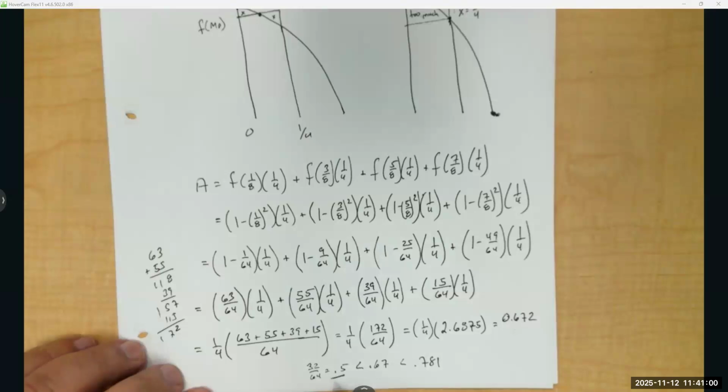So this is our lower sum, this is our upper sum, this is our midpoint. So which one is our area closest to? Close to 0.67. Yeah, it's somewhere there.